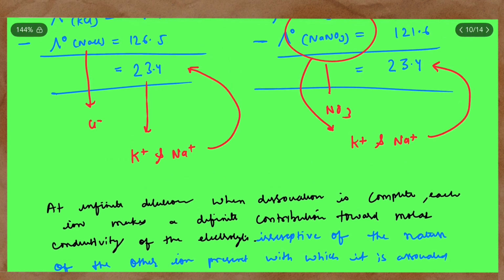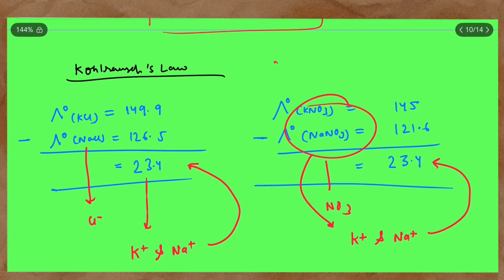Basically, here in the example we can see that both have the Cl negative ion. So maybe in the first example the contribution is just because of the potassium and sodium ions. Similarly, in the second case the contribution is just because of the potassium and sodium ions. So both are contributing equally. That's why we are getting the same 23.4 value.